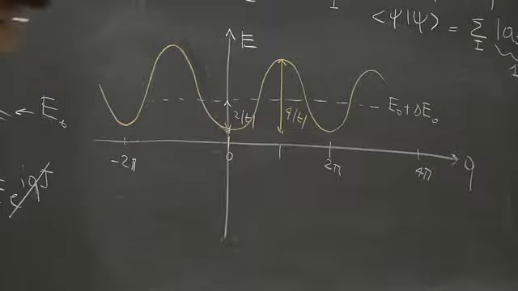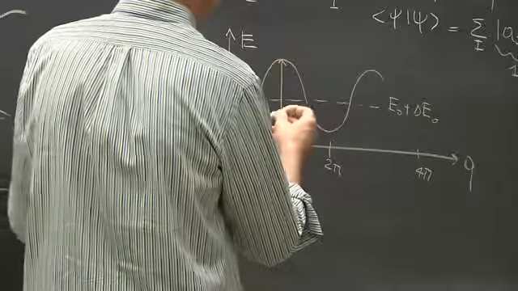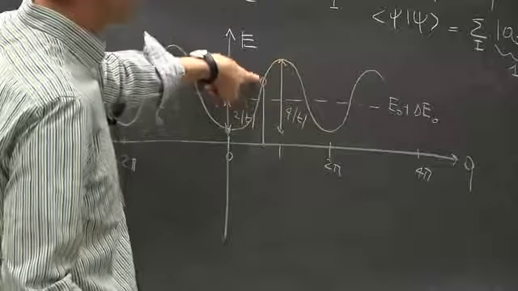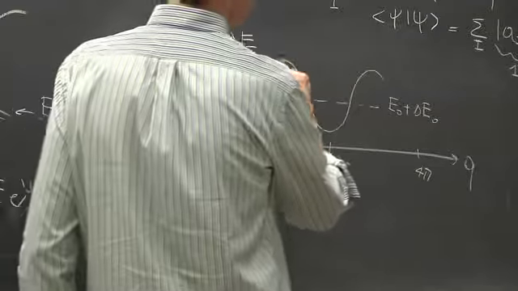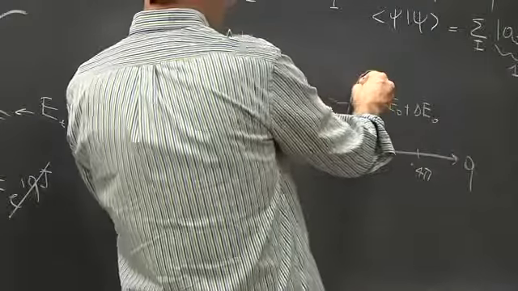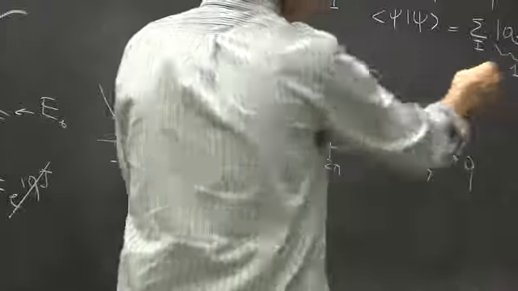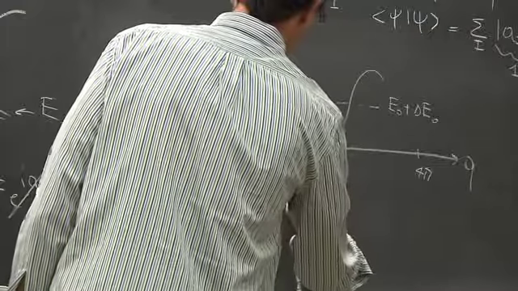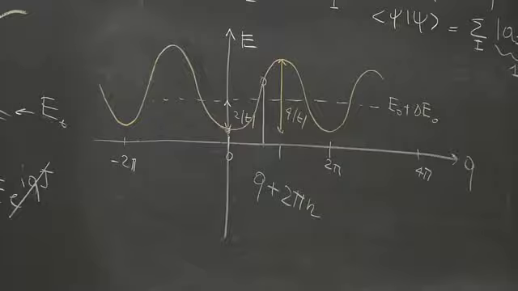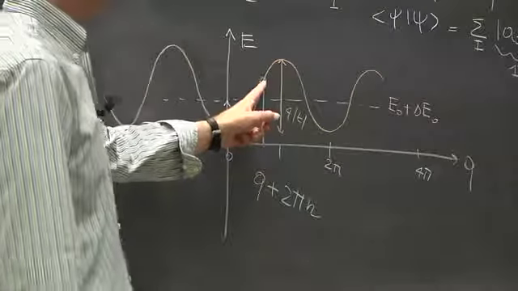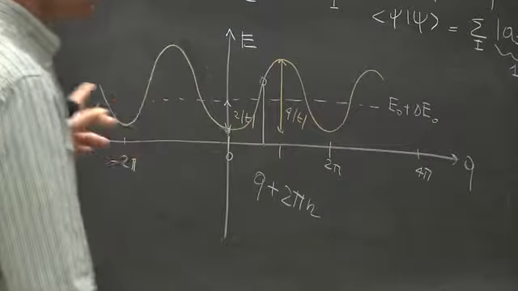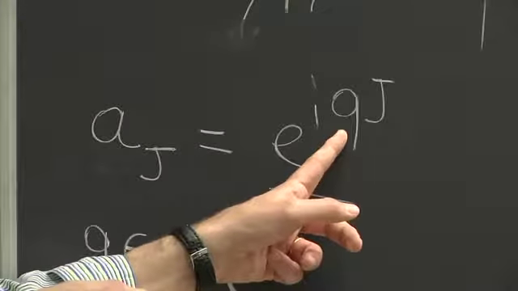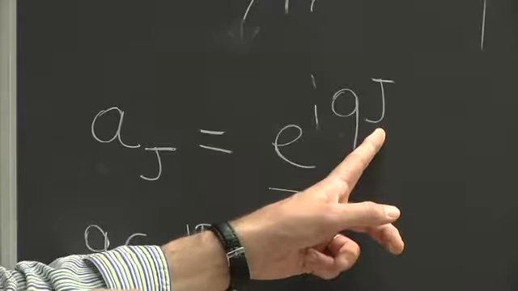Another thing we've just argued is that if I take this solution, for example, for this particular Q, this particular solution, if I shift the solution by 2 pi, or actually an integer times 2 pi, that is, if I take a given Q and I add 2 pi times an arbitrary integer, positive or negative, I'm going to find not only the same energy, but also the same solution, because if I change Q into Q plus 2 pi n, e to the 2 pi n j is 1.